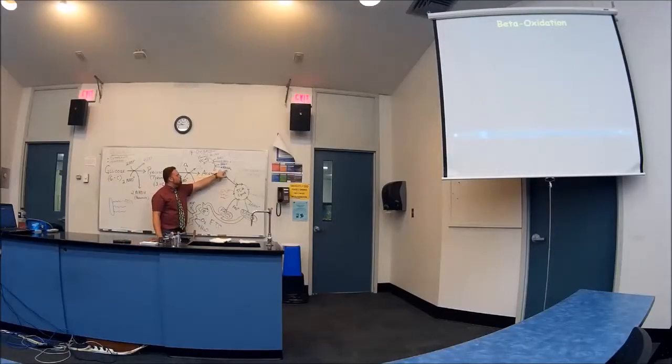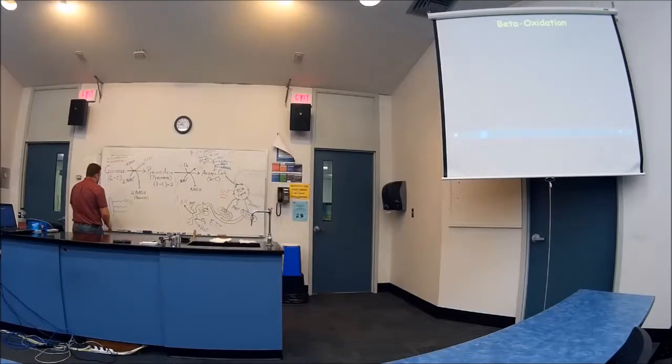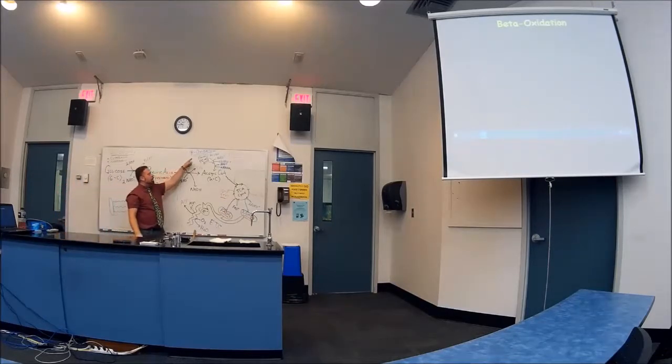These FADHs and NADHs are put into here. That's what this beta oxidation is. So we're able to take off the glycerol, make glucose to go through this system. And the fatty acids can be put into this beta oxidation, which can also turn into acetyl-CoA.